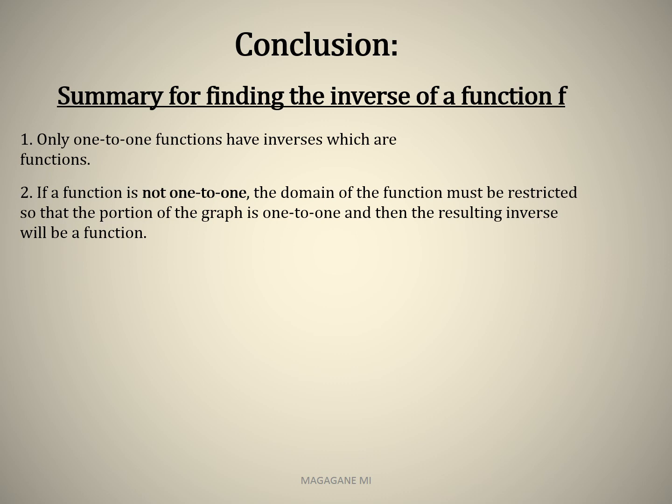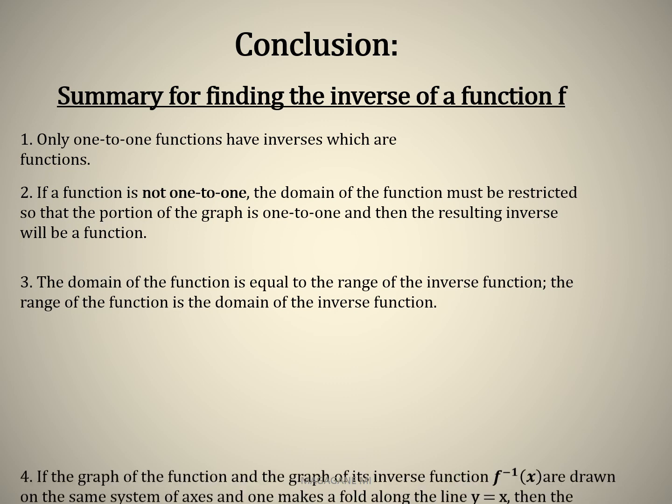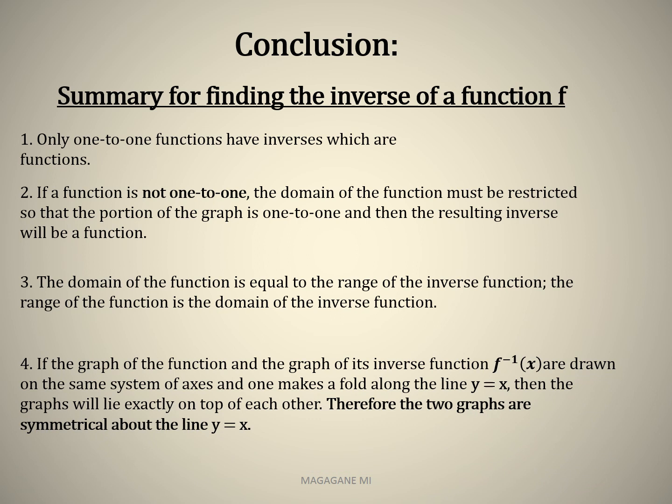The domain of the function is equal to the range of the inverse function. The range of the function is the domain of the inverse function. So the domain interchanges with the range for a function and its inverse. The two graphs are symmetrical about the line y equals x.